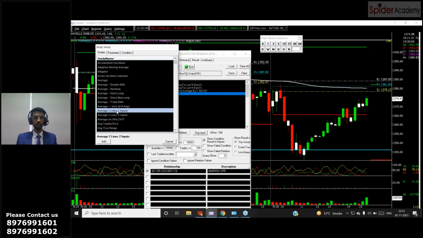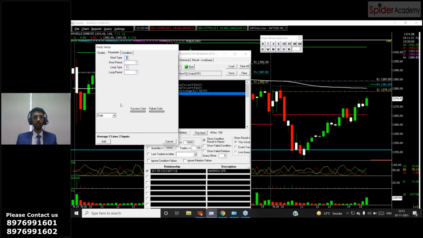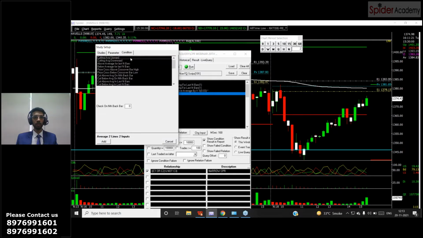So I have to click on this and go to parameter as daily, and then go to the condition. So here I will choose above average or last n bar. Okay, and in that you can see at the bottom above average by X percentage. But if you want to compare that your current resistance is above a certain level, you can use this condition.